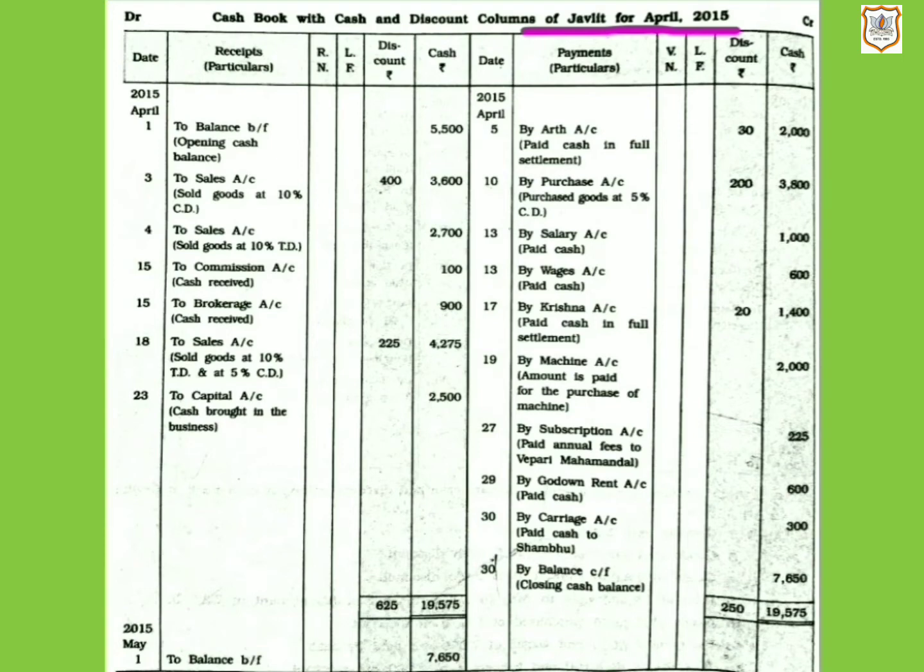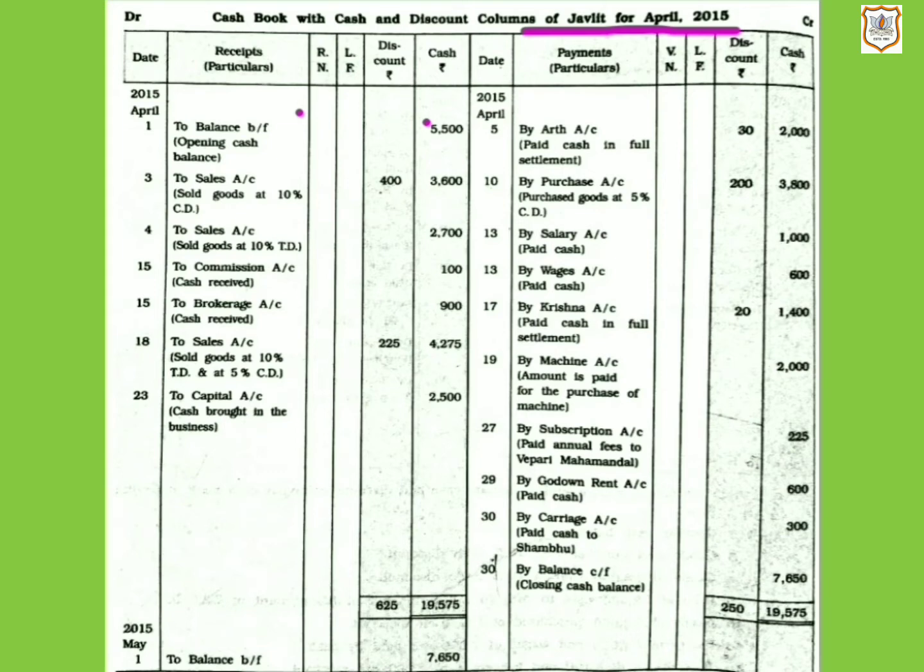So let's start with the first transaction. Here in the question, first one is given opening cash balance rupees 5,500. As this is opening cash balance, so we will record it on debit side of cash book. So here it is, to balance, brought forward, amount 5,500.